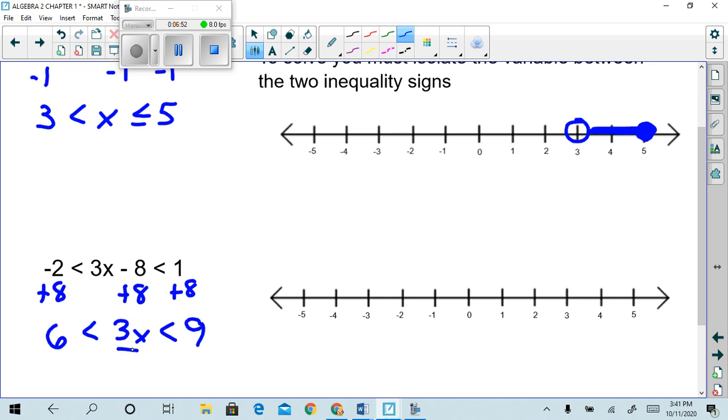I now have one more step. I'm going to divide both sides by 3, and I'm going to divide and get 2 and 3. And this now says that x is greater than 2 and less than 3. And just a shading in between. That just means all those values in between make this a true statement.